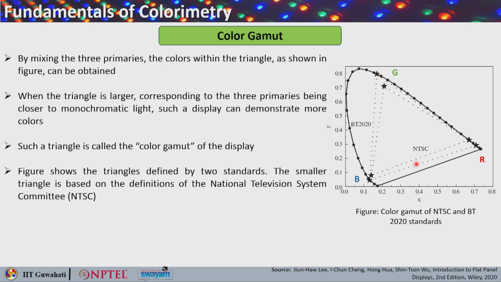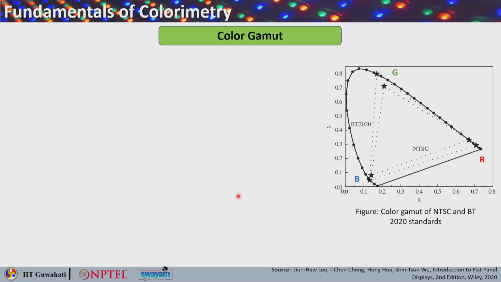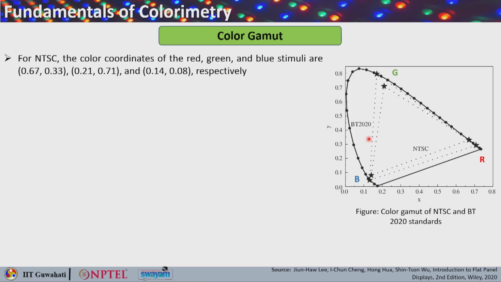Here NTSC stands for National Television System Committee standard, and the other one is the BT 2020 standard. In NTSC, the smaller triangle, we have the color coordinates for red, green and blue.